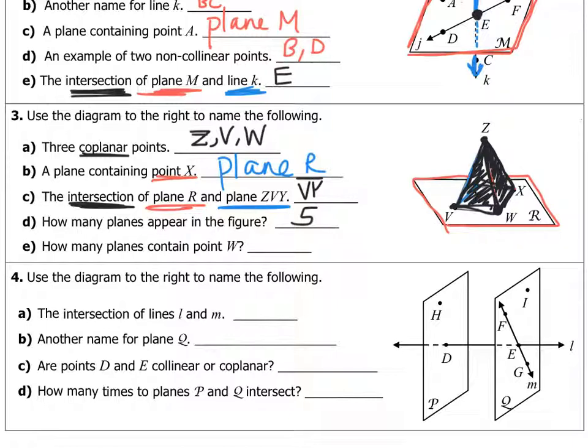So the 2 planes that contain point W are here, and a third one that contains point W would be plane R, which is this plane right over here. Plane R contains point W. So that would make a total of 3.